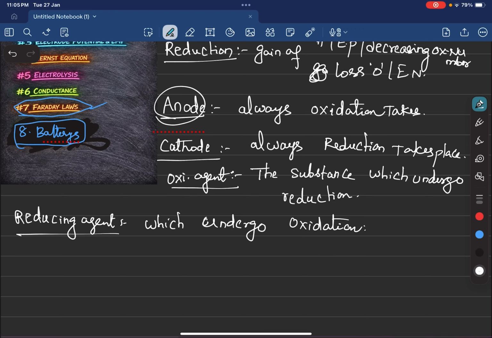That is why metals generally lose electrons and behave as reducing agents. Non-metals generally gain electrons and behave as oxidizing agents. So these are the basic definitions which we are supposed to know.